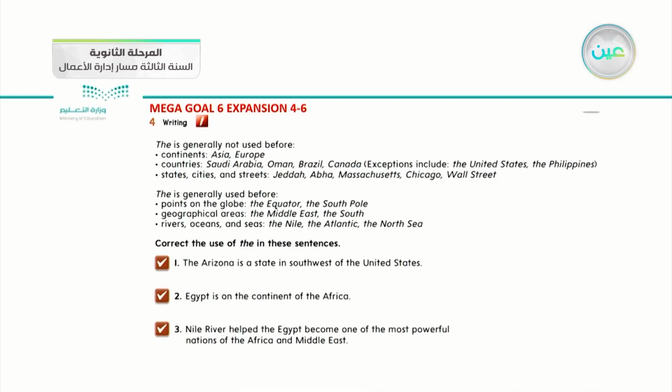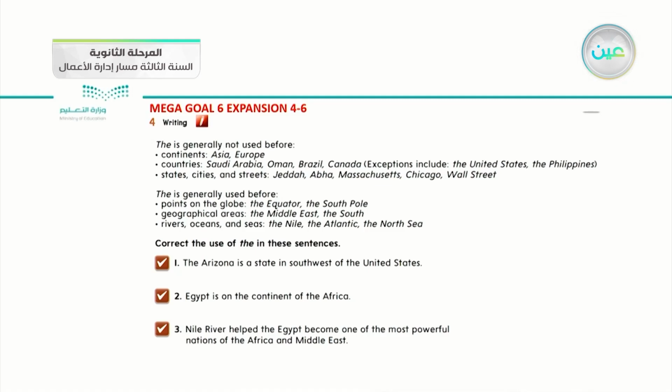Geographical areas such as the Middle East, the South, and so on. And the third point, rivers, oceans, and seas: the Nile, the Atlantic, and the North Sea. Also with a desert, such as Sahara Desert, we can't use the article "the" with it. Some exceptions exist for these things.